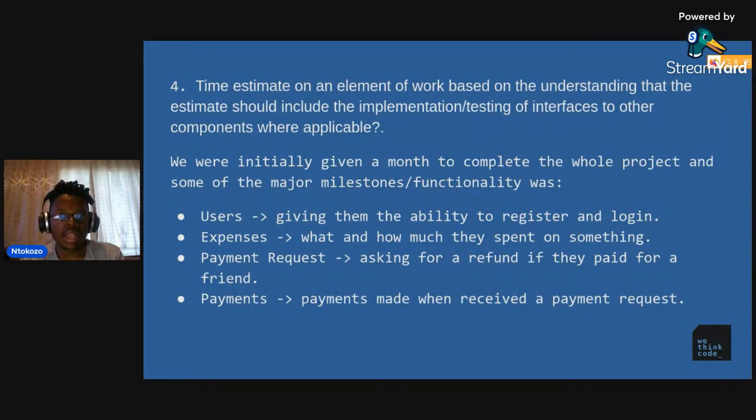Time estimate on the element of work based on the understanding that the estimate should include implementation testing of interfaces to other components where applicable.